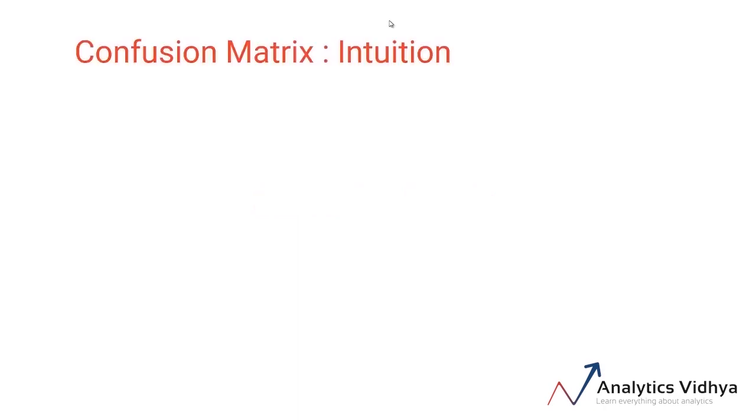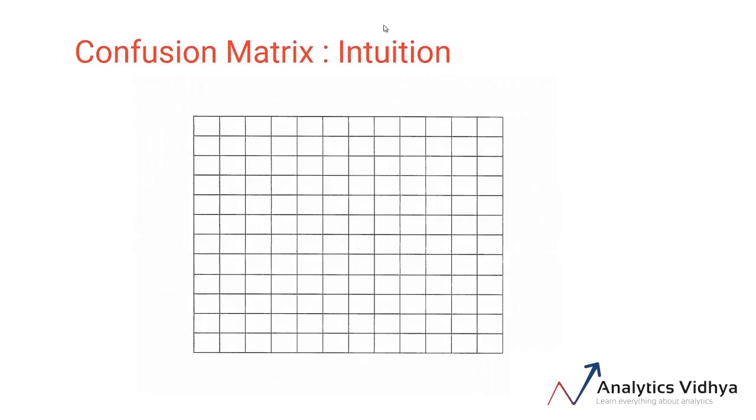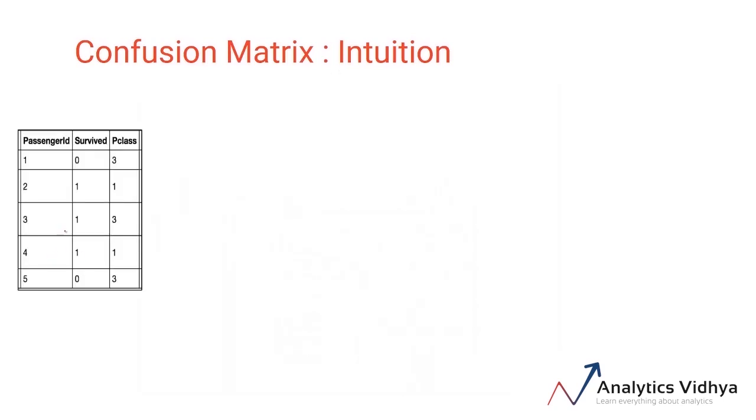The word confusion might be there in the name, but don't worry. It's easy to grasp when you understand the intuition behind a confusion matrix. So let's begin. A confusion matrix is an n by n matrix where n represents the number of classes in the variable. In the Titanic dataset, our dependent variable had only two classes, 1 and 0, representing survived and not survived respectively.